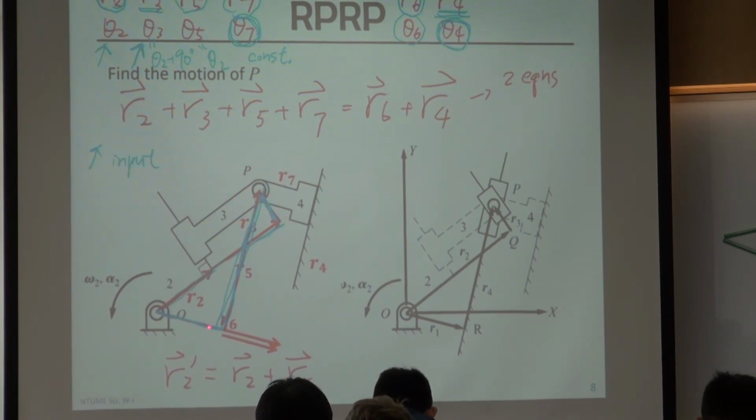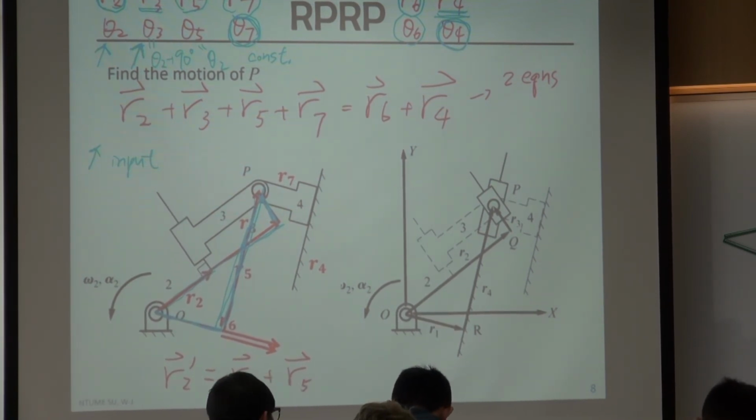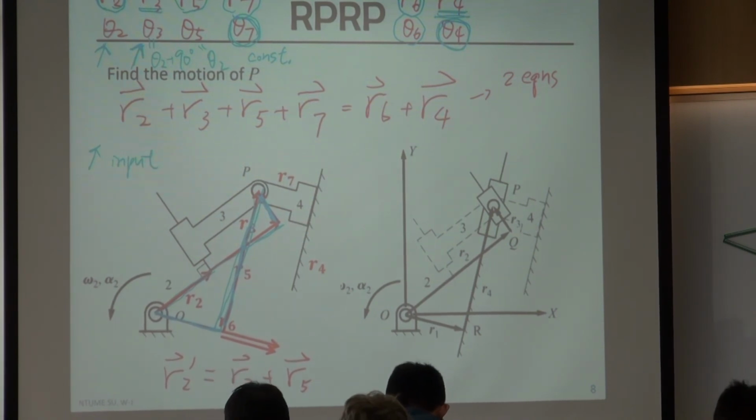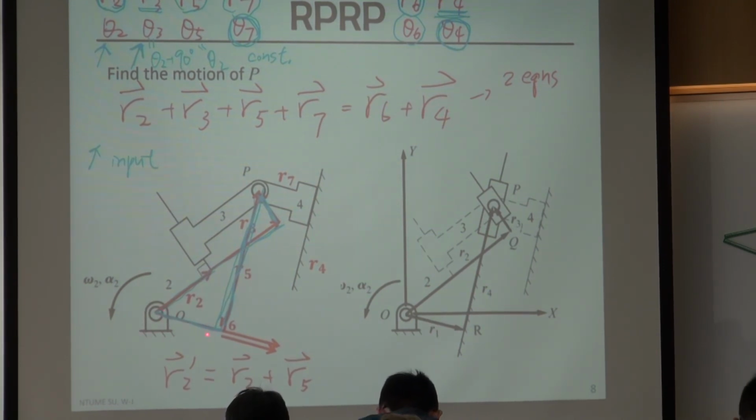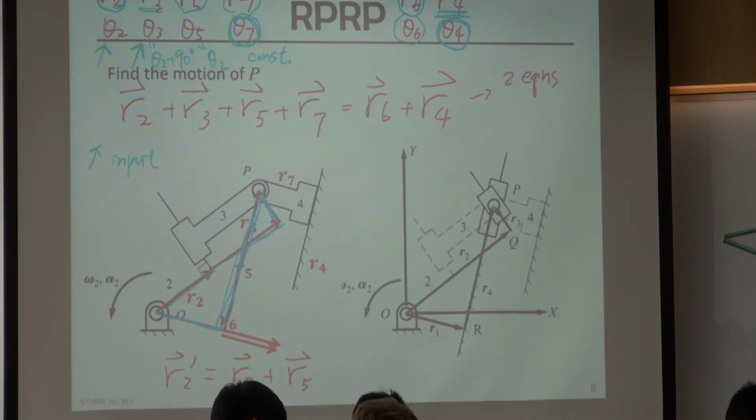So I can actually form a simpler loop. This loop has only 4 vectors: R2 prime and R3, where R3 is the original R3; also R6 prime, where I shorten the original R6 by subtracting R7; and also R4, the original R4.